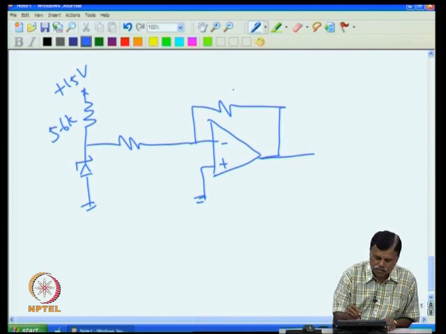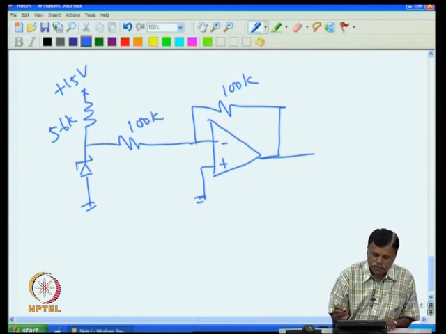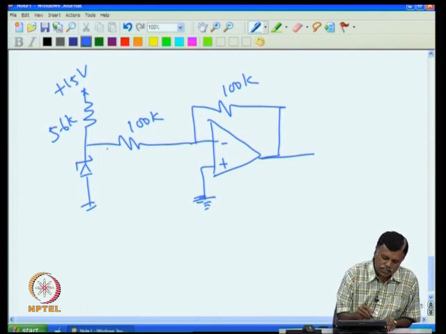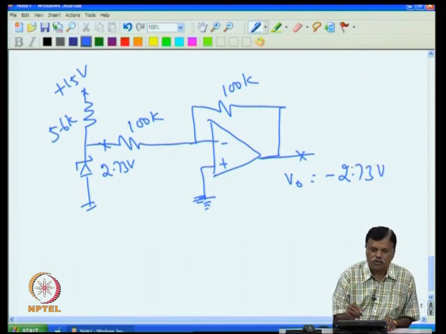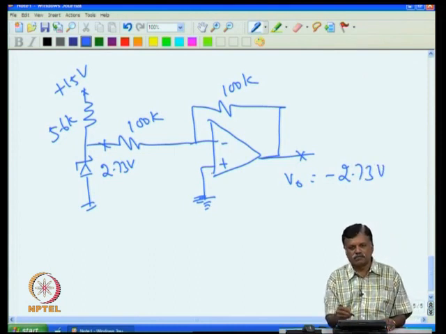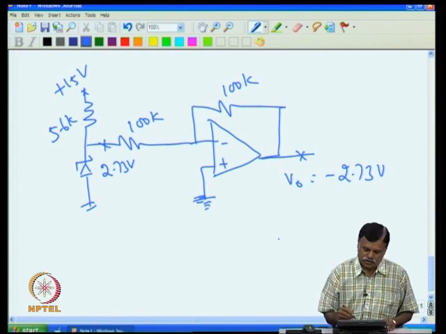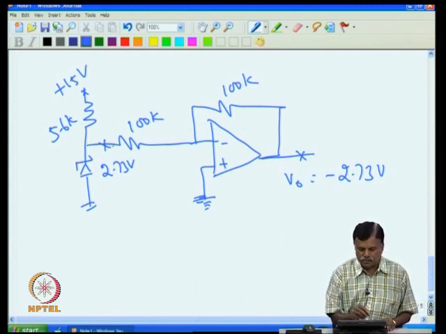Assume I have put equal resistances here, say 100 K and 100 K. So, essentially at 0 degree C, at this point I will get 2.73 volt, then at this point, V0, that will give me minus 2.73 volt, assuming there are no other errors in the operational amplifier. So, basically the plus has become minus.